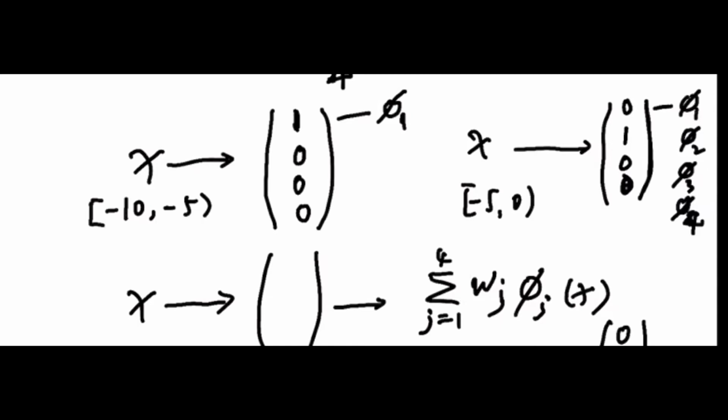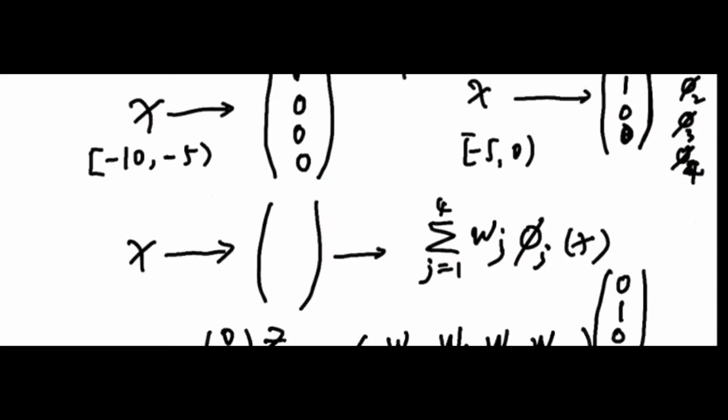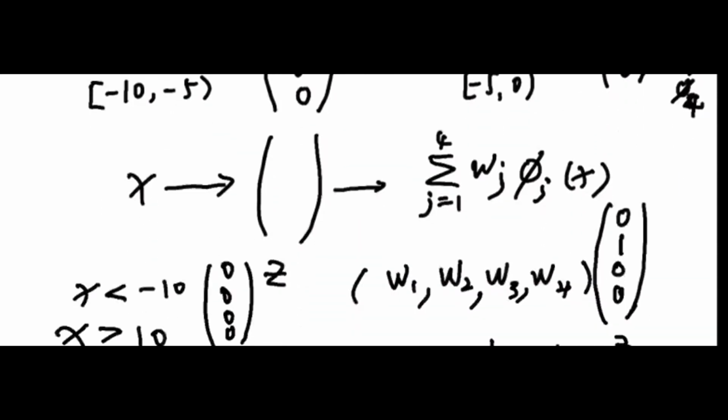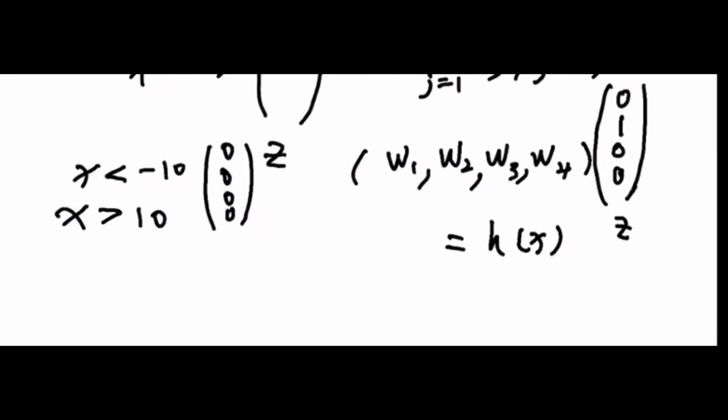For x smaller than -10, this vector will be 0, 0, 0, 0. For x larger than 10, it will also be 0, 0, 0, 0, because it's not in any of the intervals. If we plot them in the coordinate system, say x is from 0 to 5, this is 10, and I should draw -5, -10.